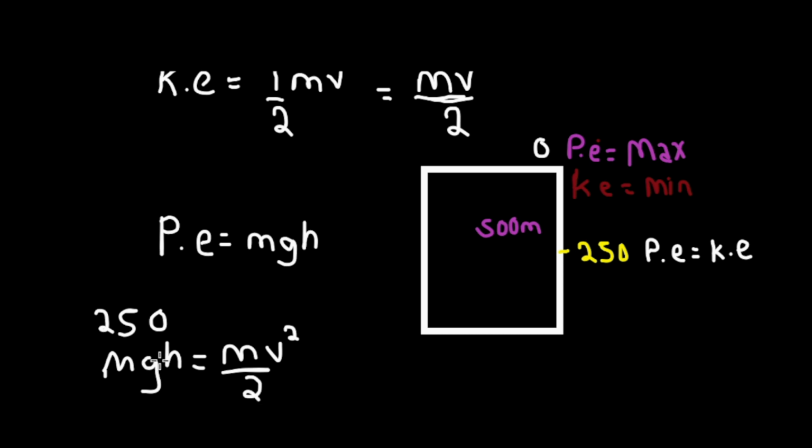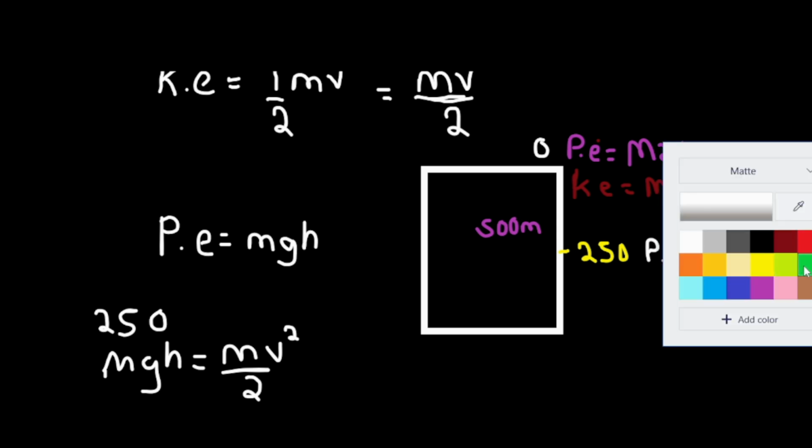You might see a formula like this in your physics textbook, but you don't have to get lost. It just means that at a certain point, our kinetic energy and our potential energy became equal. Now, what happens when we go to the bottom?